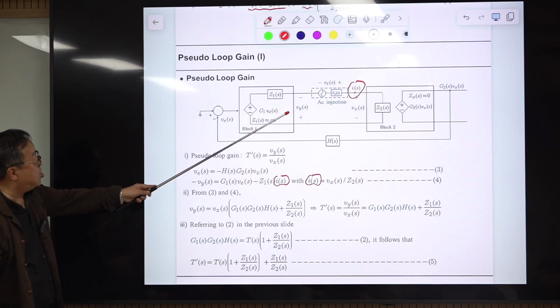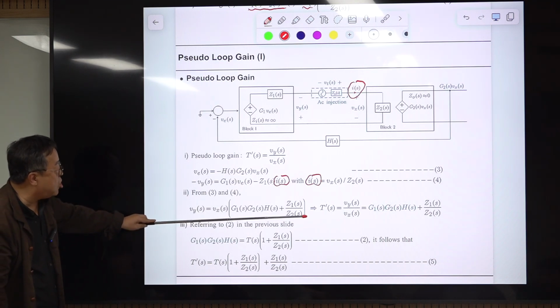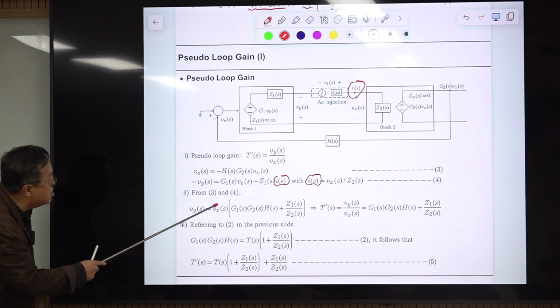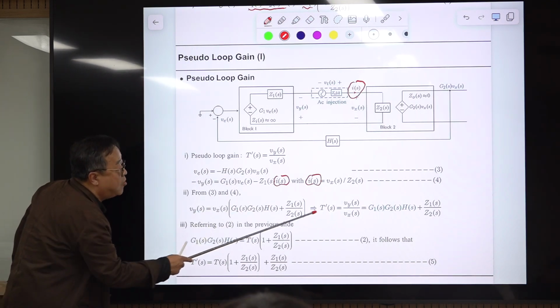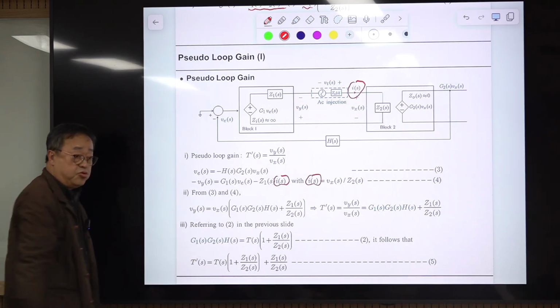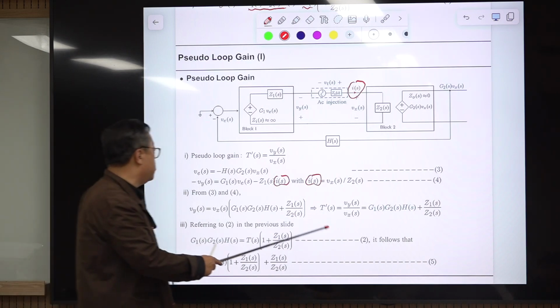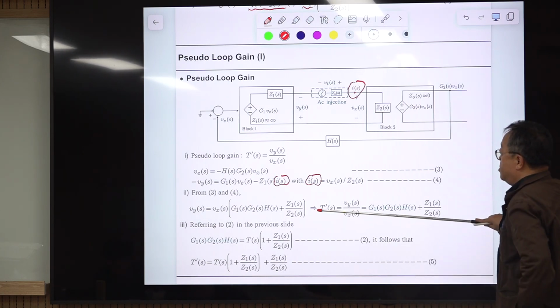Vy measured here is related to Vx through this equation. There is no loop gain equation here, but you divide this Vx to here, then this term is what? This term is the pseudo loop gain. You want to measure T prime S. So T prime S is this one.